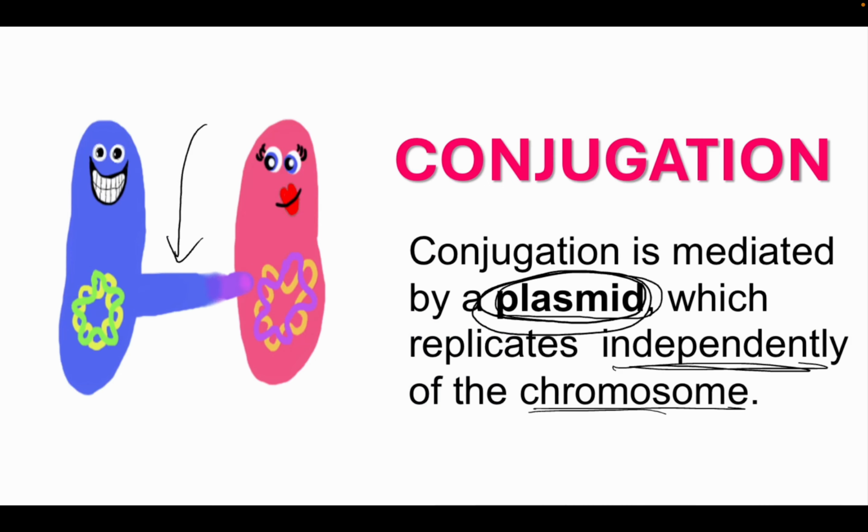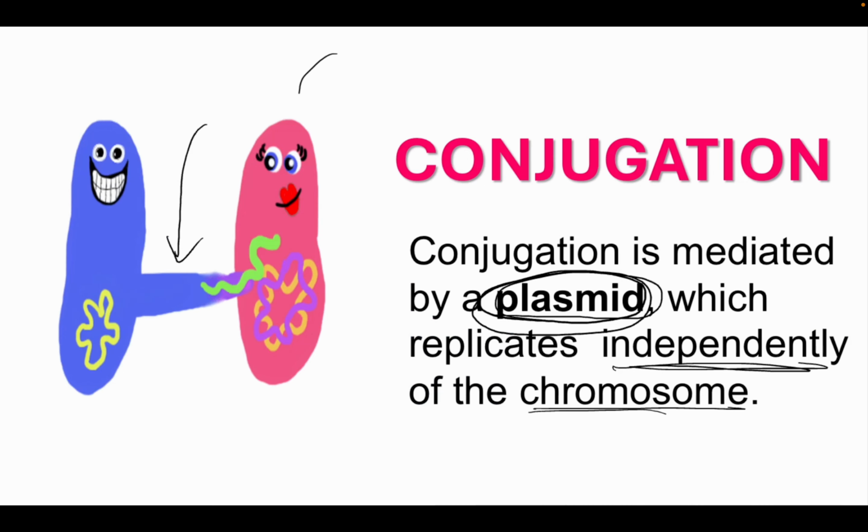For example, when two cells are in close proximity to each other, just like in the illustration here, there will be a formation of this sex pilus. It's like a hollow, bridge-like structure that forms between the cells. In that case, it allows a copy of the plasmid, as it is duplicated, to be transferred from one bacterium to another.